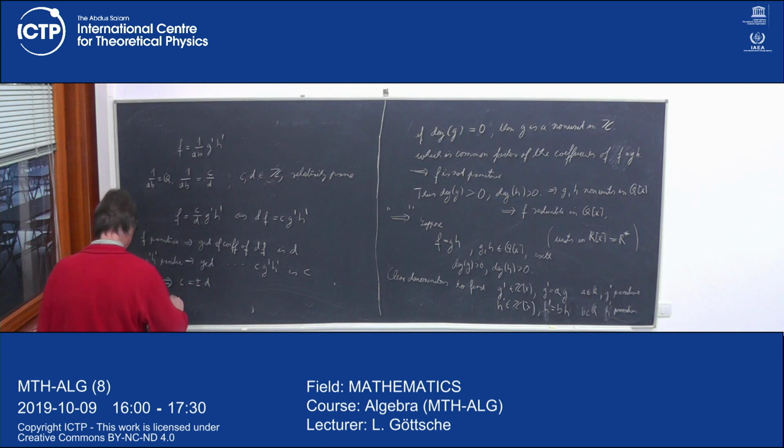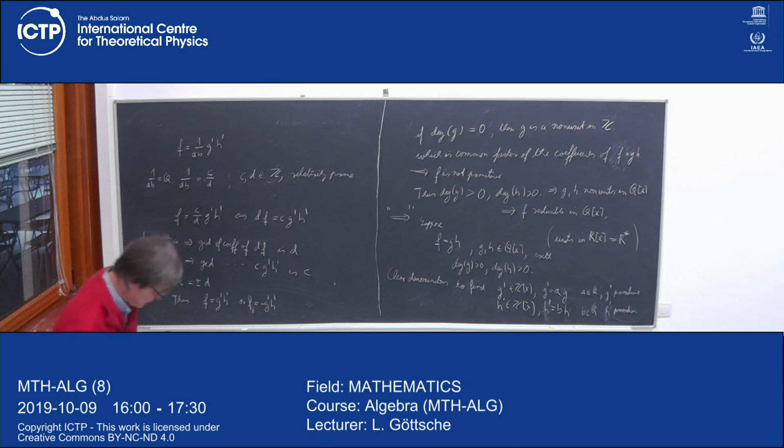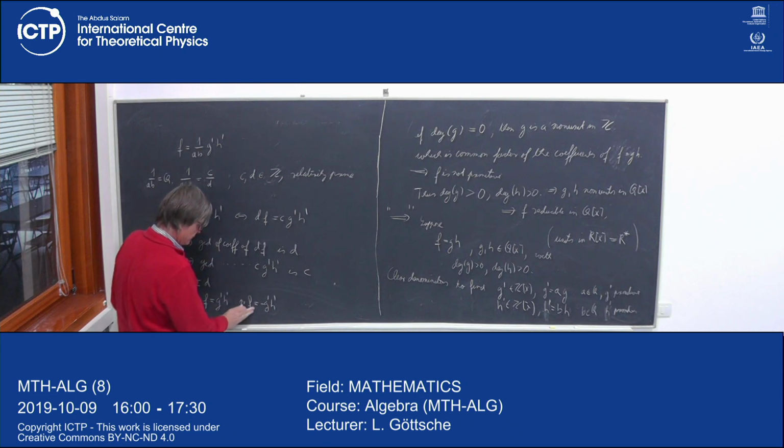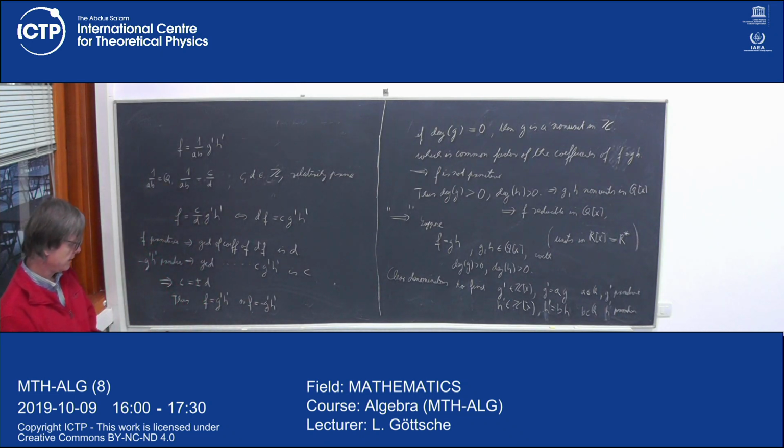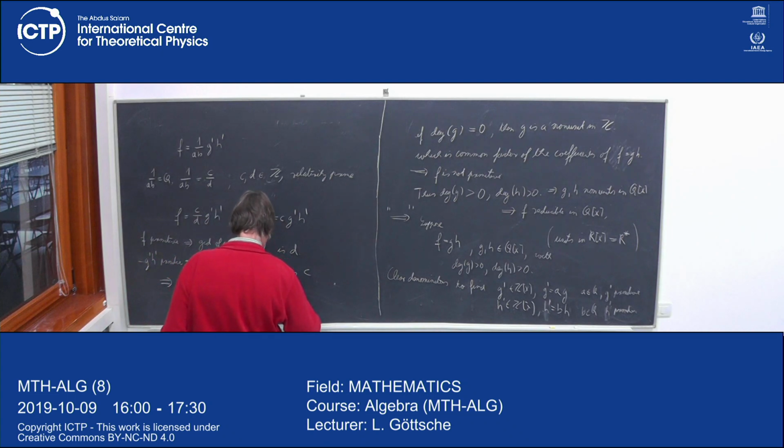So thus we have that F is equal to G prime H prime, or F is equal to minus G prime H prime. And in any case, we have found that it's a product of two polynomials with coefficients in Z. So it's reducible in Z[x].